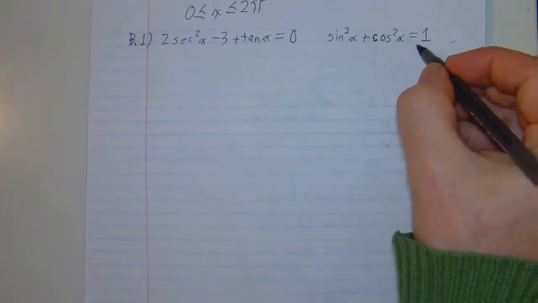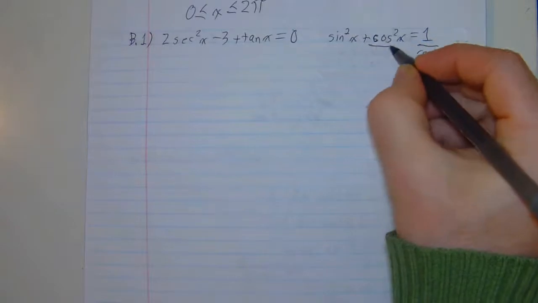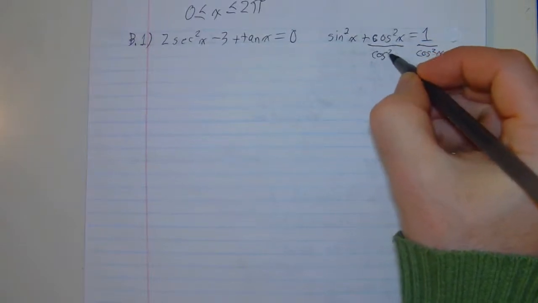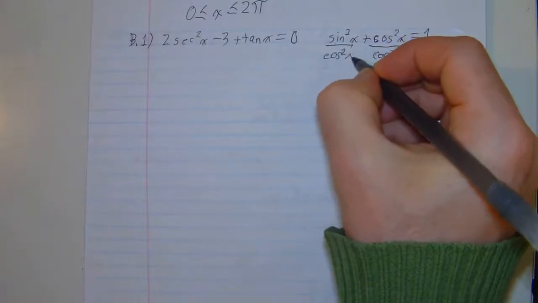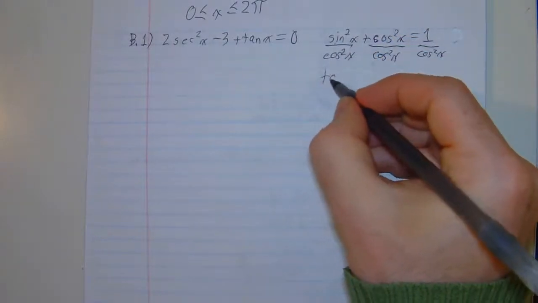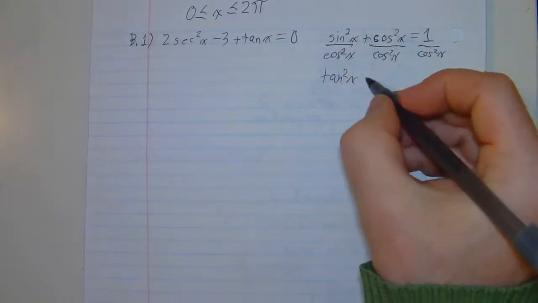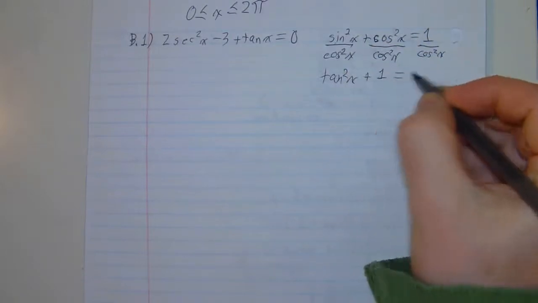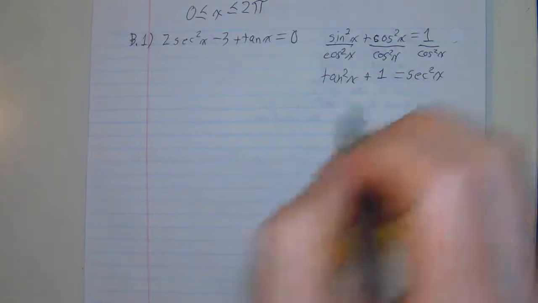So I want to make this 1 over cos squared x. And to do that, I have to turn everything else into over cos squared x as well. And that is going to make tan squared x here, sine over cos. Cos over cos is 1. And 1 over cos, I set that up to be equal to secant squared x.